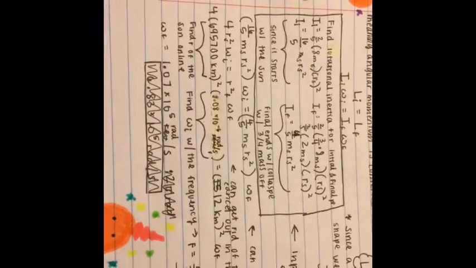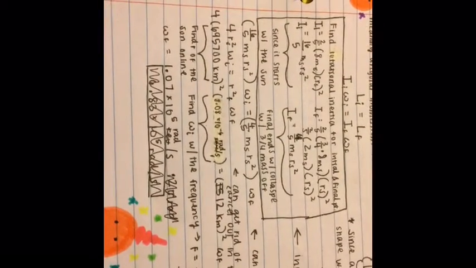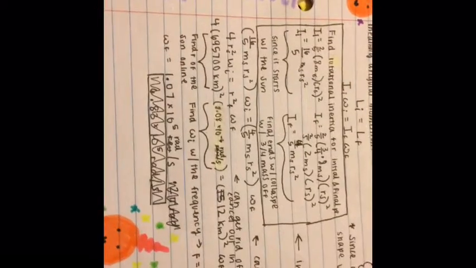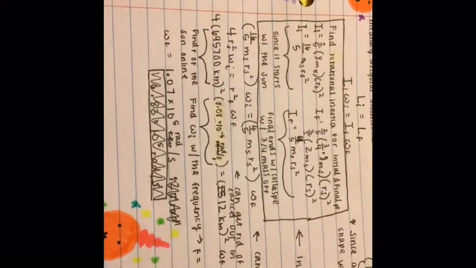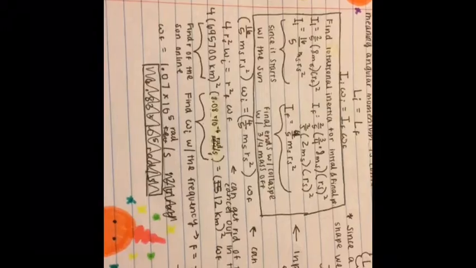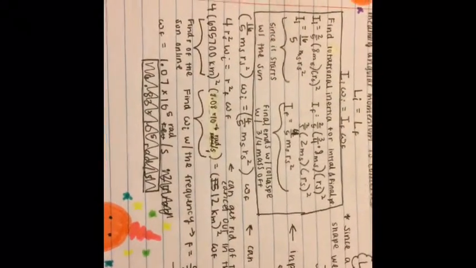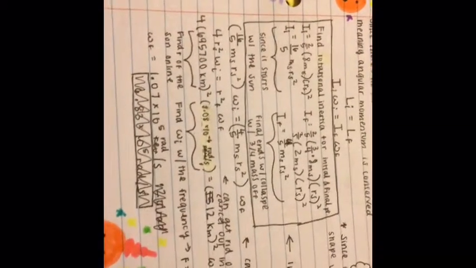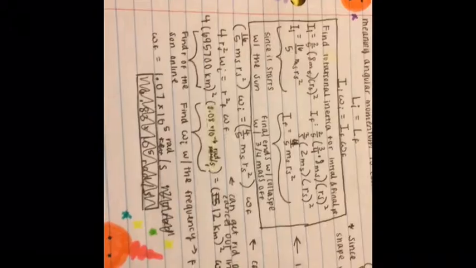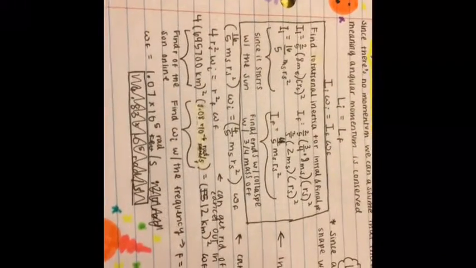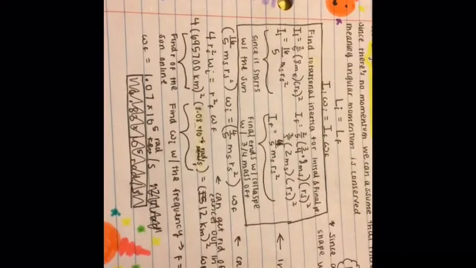Even though we don't have any numerical values, we can use that equation at the end with its changing masses, which they give us proportionally, to cancel out. And since every celestial body is usually a sphere, we can use the rotational inertia equation of 2/5 times m times r squared.